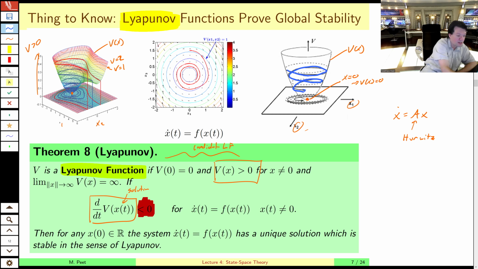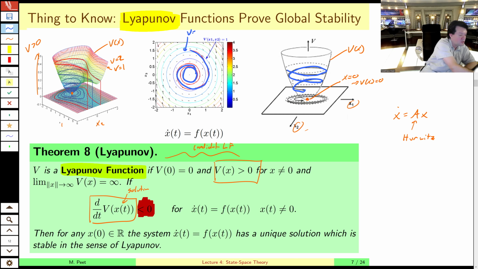So here's another 3D plot. The solution here is decreasing, and these are the level sets of the Lyapunov function, V equals 2, for example, V equals 1. As the trajectory moves along in time, the value of the Lyapunov function is decreasing.